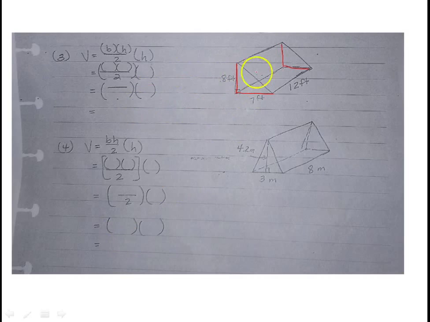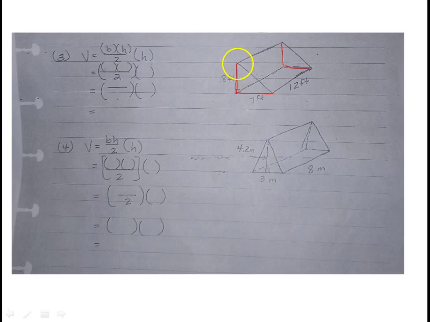All right, now for number 3 and 4, if you notice, the bases are triangles. So you no longer have rectangular prisms, you have triangle-based prisms. Same thing, but this time you're going to find the area of your base, multiply base times height, divide that by 2, and then multiply by the height of the actual figure.